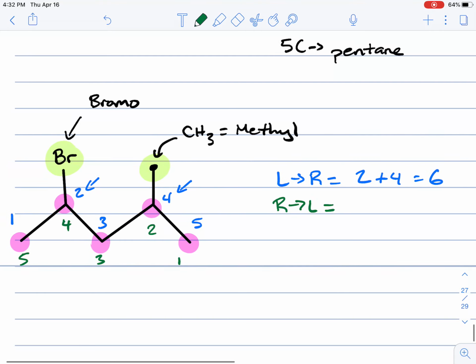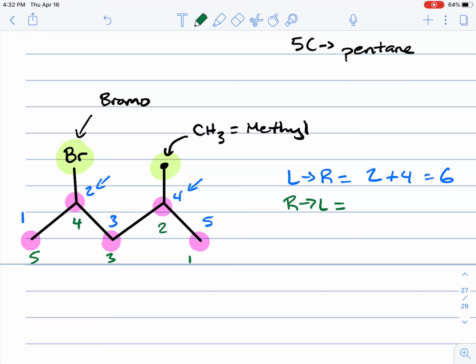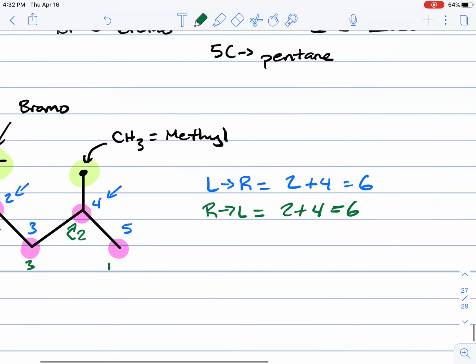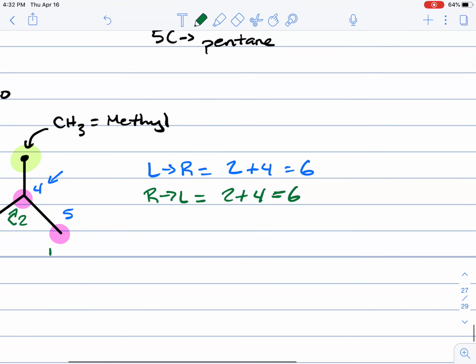I have a substituent on carbon 2 in green, and another substituent on carbon 4. If you add both of these up, we get 6. So the sum of these values produces the same number, and we ran across this in the previous lecture video.